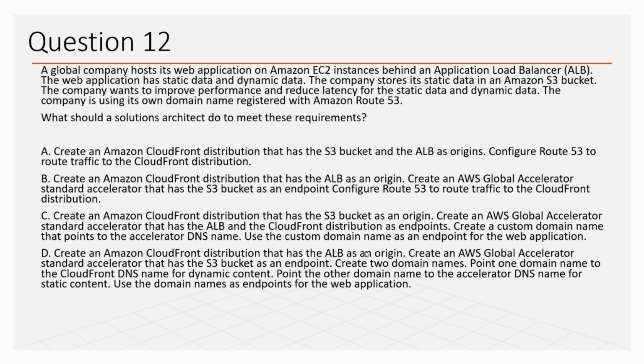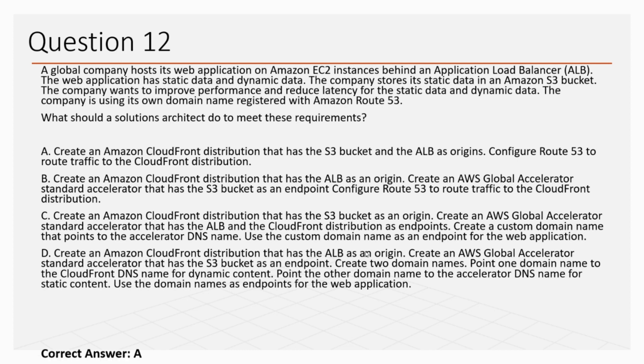Then option D, it says create an Amazon CloudFront distribution that has the ALB as an origin. Create an AWS Global Accelerator standard accelerator that has the S3 bucket as an endpoint. Create two domain names. Point one domain name to the CloudFront DNS name for dynamic content. Point the other domain name to the accelerator DNS name for static content. Use the domain names as endpoints for the web application.